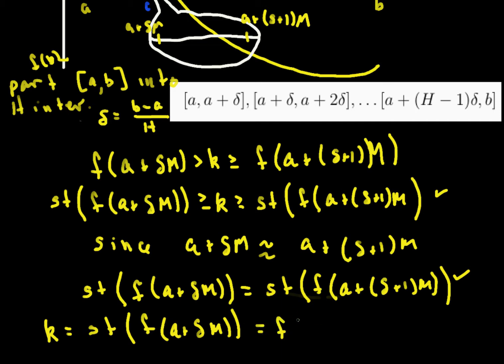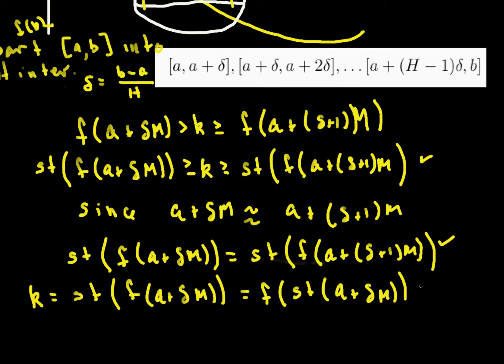So this is f of the standard part of a plus delta m. We'll call this value c. It's some real number, so this is equal to f of c.